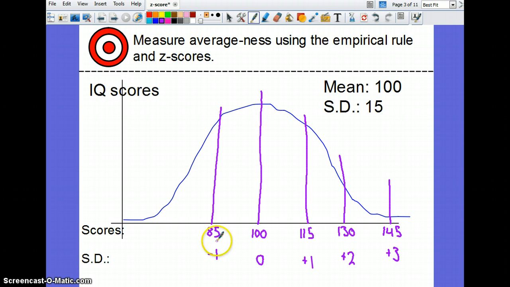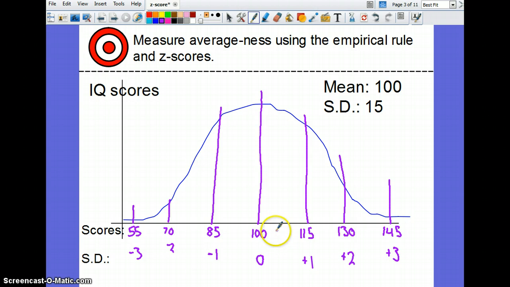So this was -1 standard deviation, so it's 100 minus 15, 85. 85 minus 15 again is going to be 70. So that's going to be -2 standard deviations. And then all the way to 3 standard deviations, well, 70 minus 15 is going to be 55. That's -3 standard deviations.